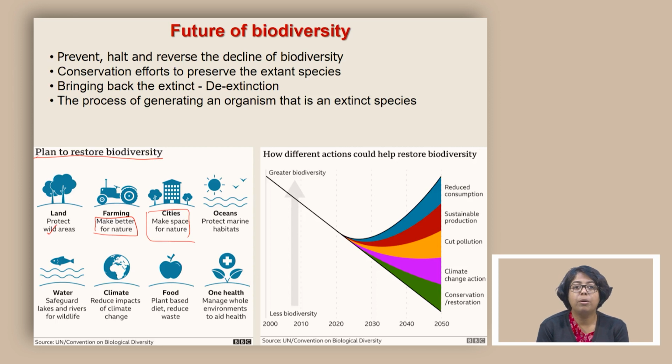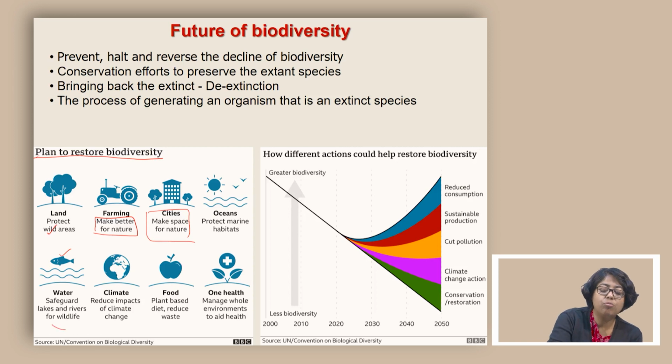When we talk about water, it primarily means the water on the land: aquatic regions, rivers, ponds, lakes. We have to safeguard the lakes and rivers for wildlife, because they are the major sources of fresh water or drinking water, and also very high biodiversity regions.